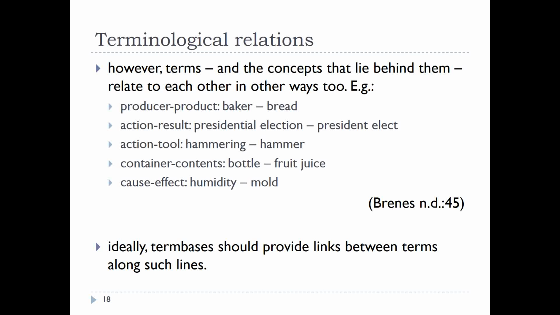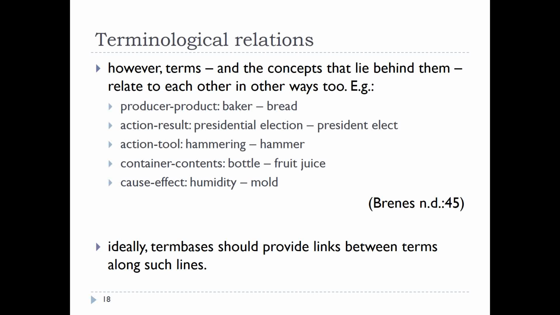So those were some relations which are sometimes referred to as lexical relations, because they exist in a broader way than simply referring to terminology. Here are some others which are more specific to terminology.